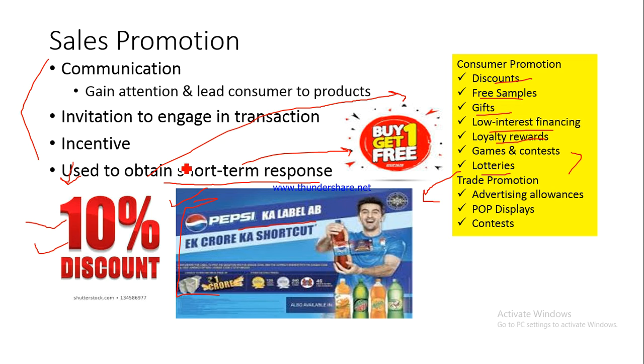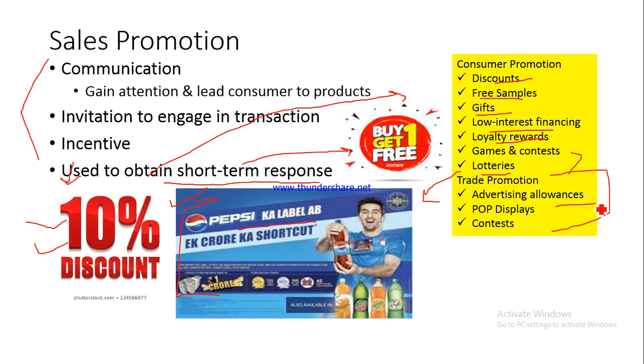Let us talk a little bit about the trade promotion, which we have talked about here. Now trade promotion, as I said, would be directed towards the intermediaries. So you have got advertising allowance. For example, LG does this. Supposing there is an LG dealer here in Pithoragarh and he has got 2-3 outlets.